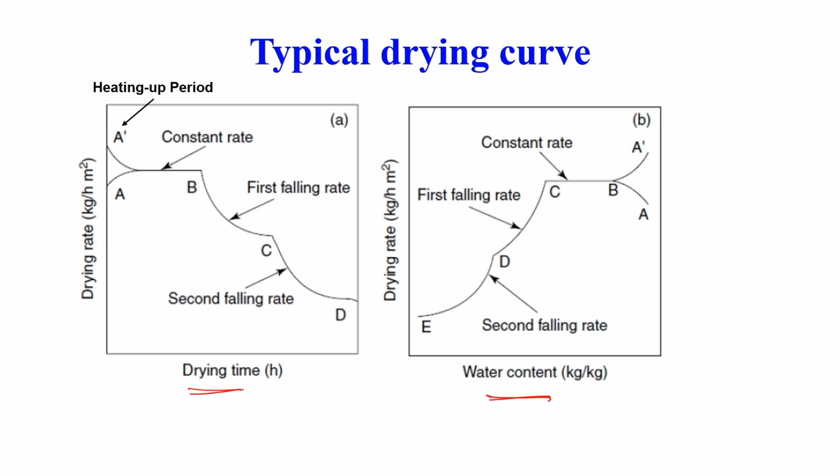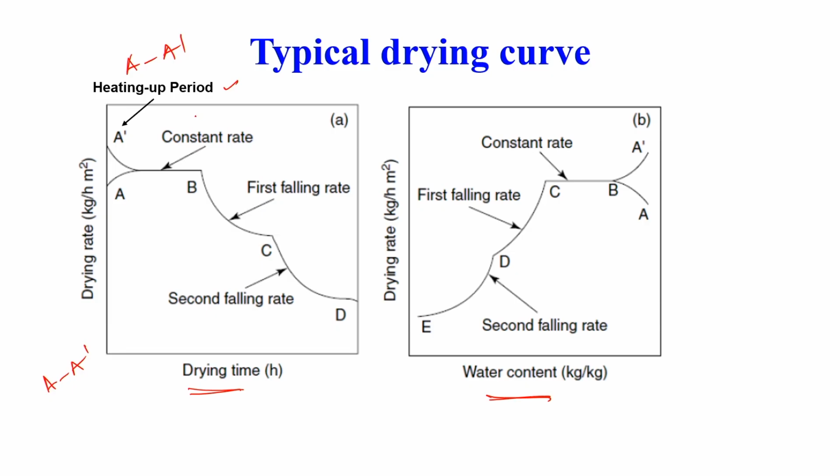So, you start with A. When we initially start, the first is called the heating up period. This A dash is the heating up period, where the solid reaches the temperature of the hot fluid or hot gas you are passing through it.